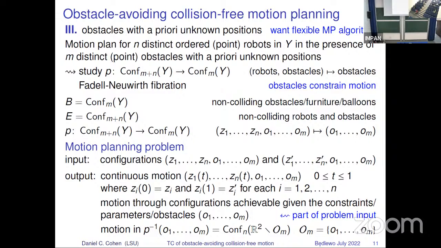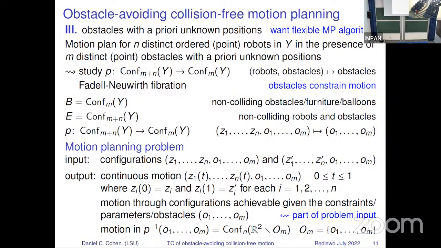And a point is that the position of the obstacles are now part of the problem. In other words, what we want to do is the instant we know where the obstacles are, we want to motion plan in the fiber of that particular obstacle, which is itself a configuration space.